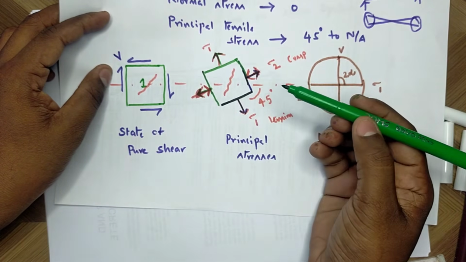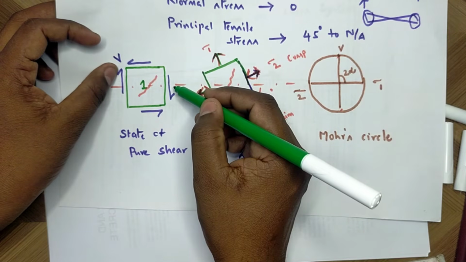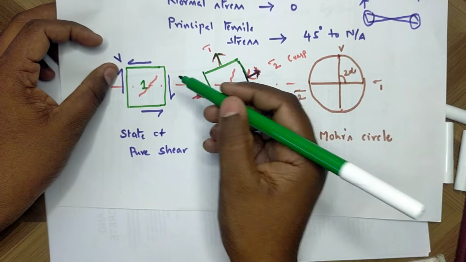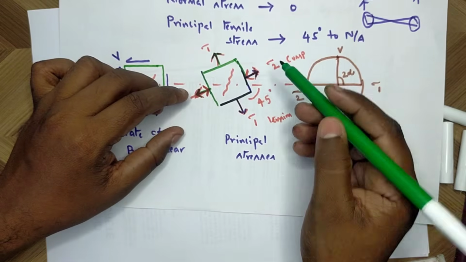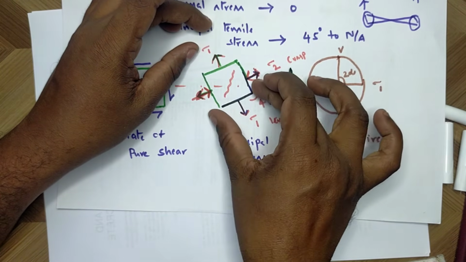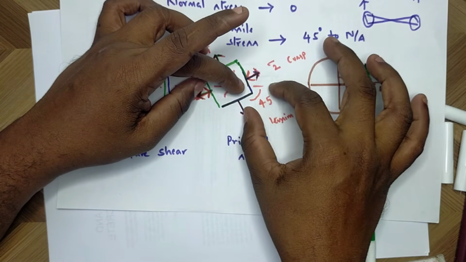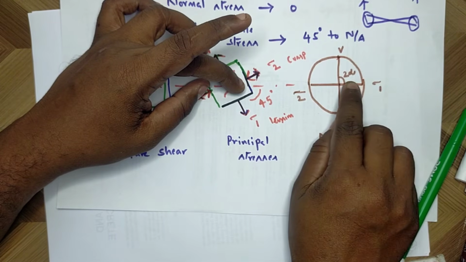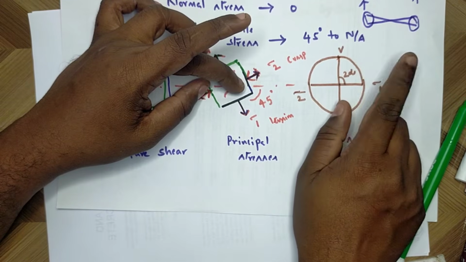If you apply a prestressing force there, then there will be normal stresses also on the element. When the normal stresses act, then this total element will move and make an angle greater than 45 degrees. And this alpha is not 90. It will be greater than 90.